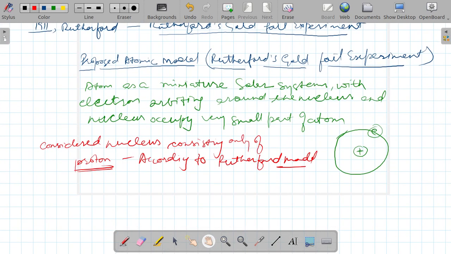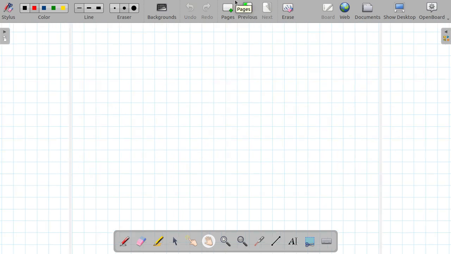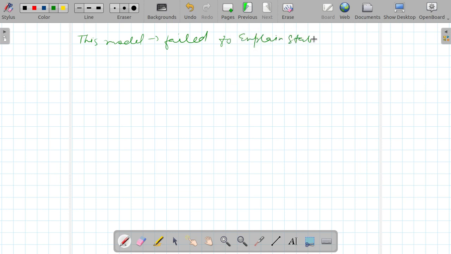And this atomic model failed to explain the stability of the atom. The main drawback is discussed as follows.